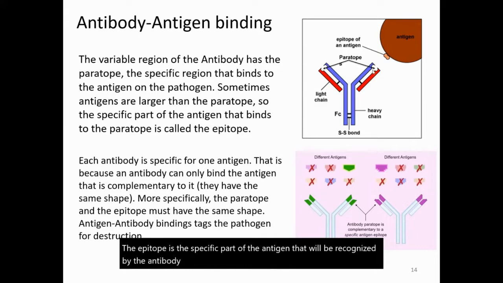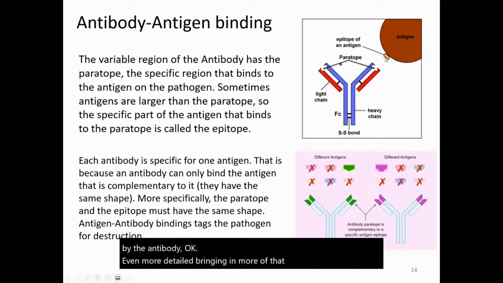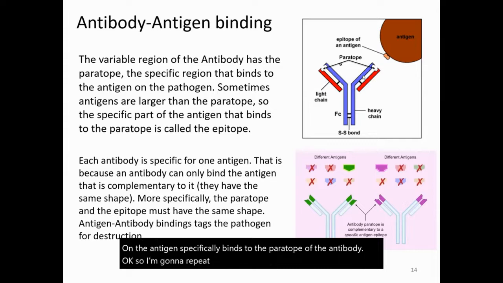Okay? Now, to get even more detailed, bringing in more of that terminology we've used, the epitope on the antigen specifically binds to the paratope of the antibody. Okay? So I'm going to repeat that. We're going to want to write that down.